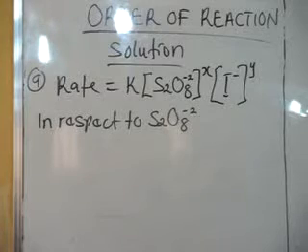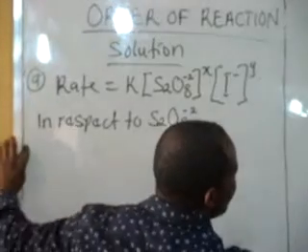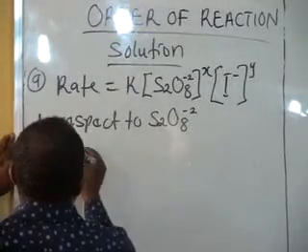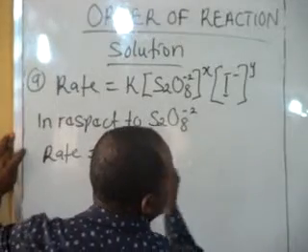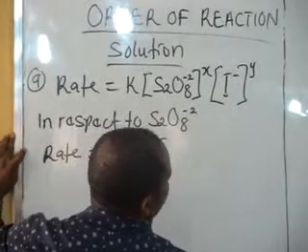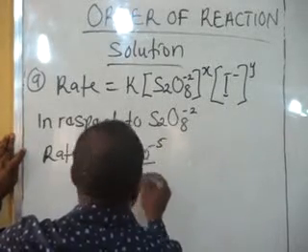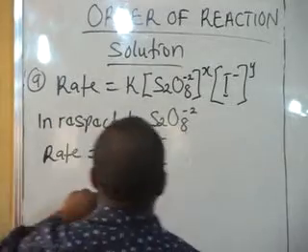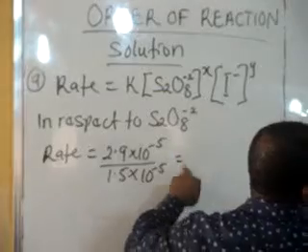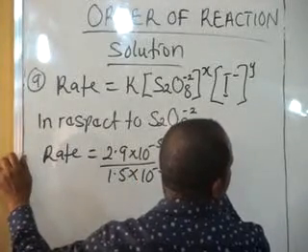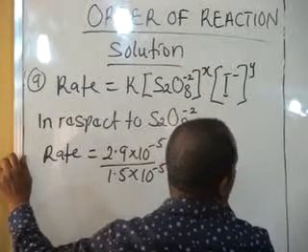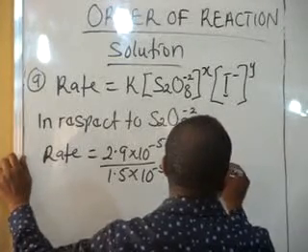So from there, I have my initial rate, which gives 2.9 times 10 to the power minus 5 over 1.5 times 10 to the power minus 5, giving me 0.072 over 0.036.